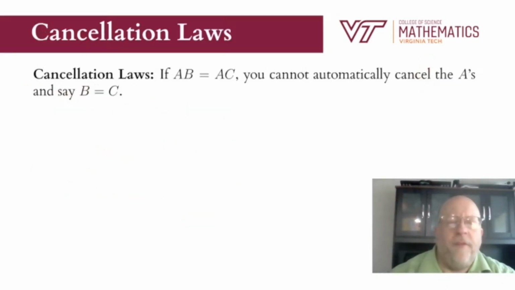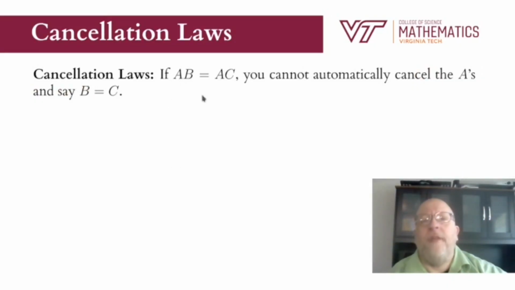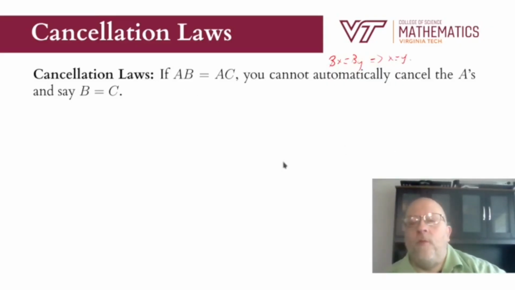A couple of other things here. With matrices, we can't do cancellation the way that we can with numbers. With numbers, if I have 3x equal to 3y, I can just cancel the 3's and say that x equals y. I can't automatically do that with matrices.